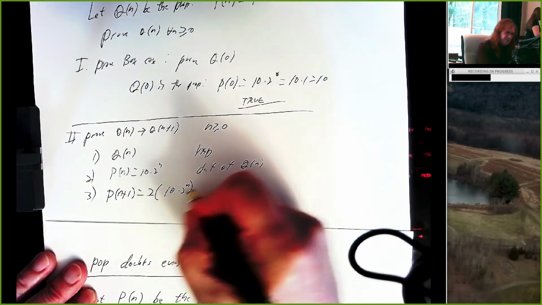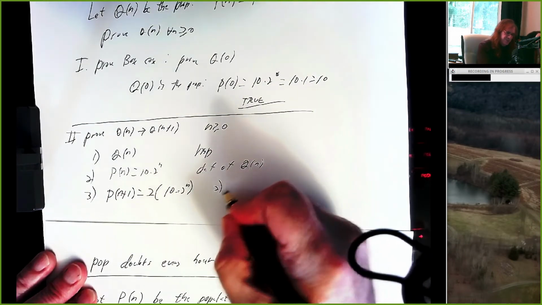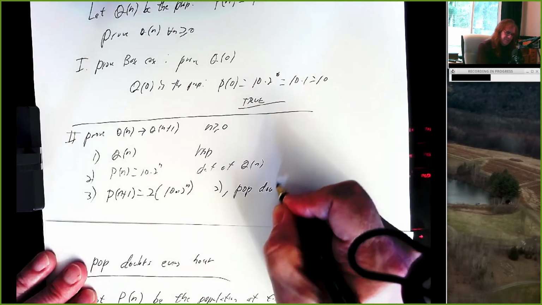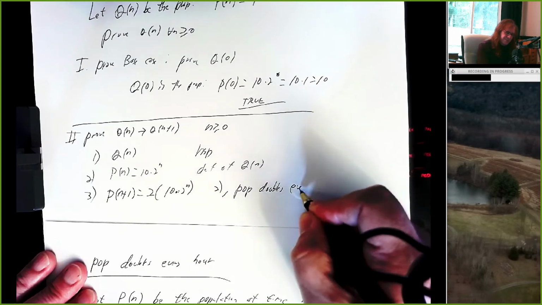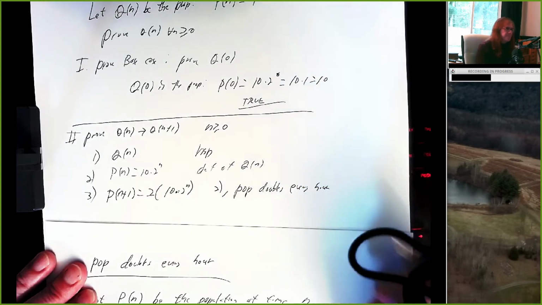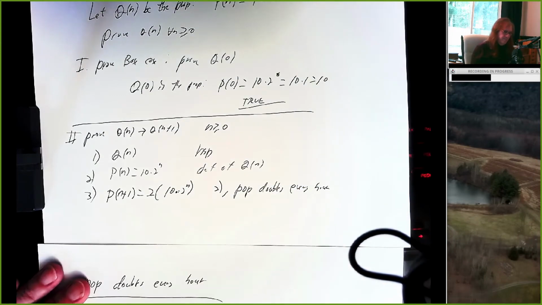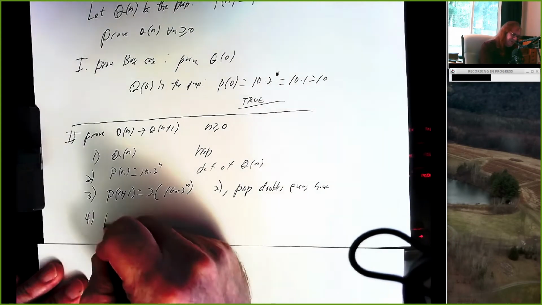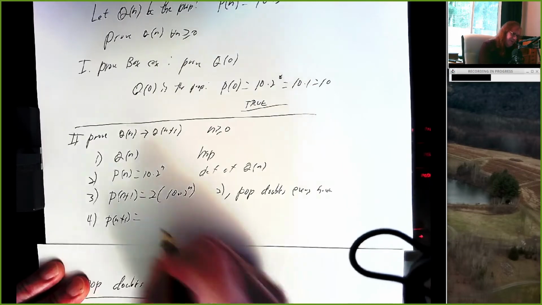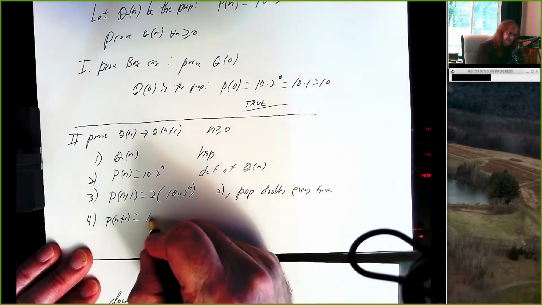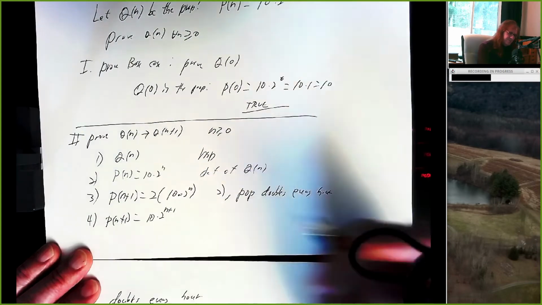That's using formula 2 and the fact that the population doubles every hour. And now we can do some algebra and observe that 2 times 10 times 2 to the n is equal to 10 times 2 to the n plus 1.